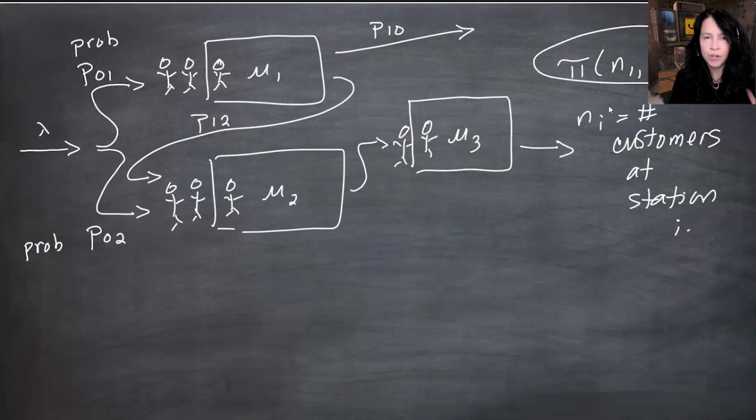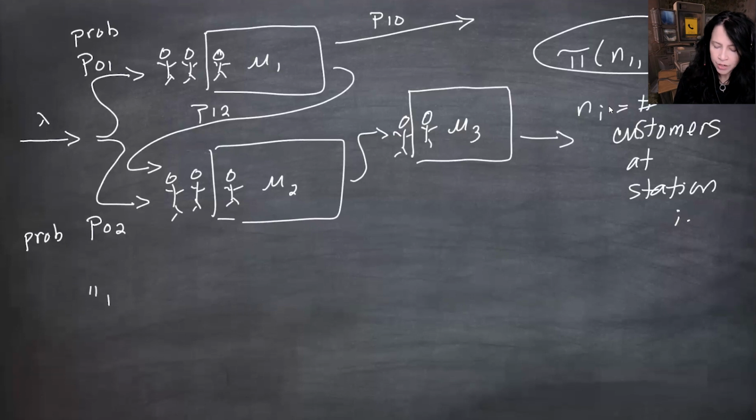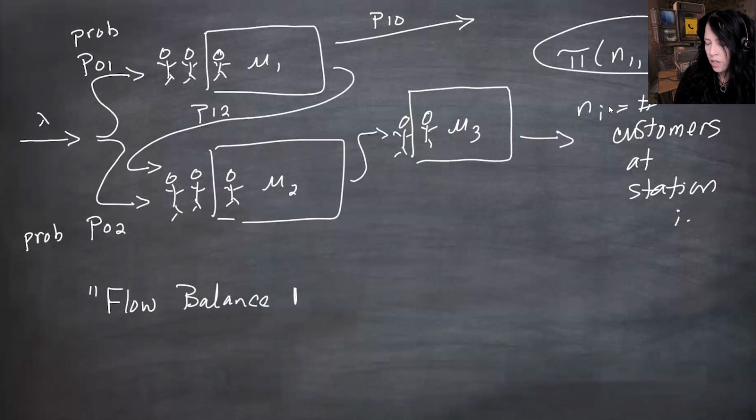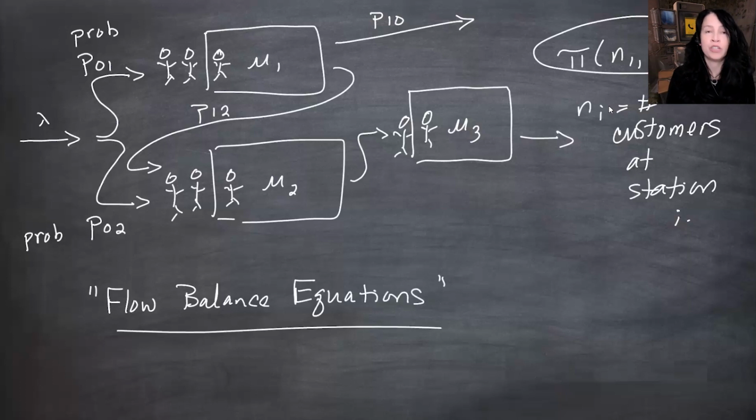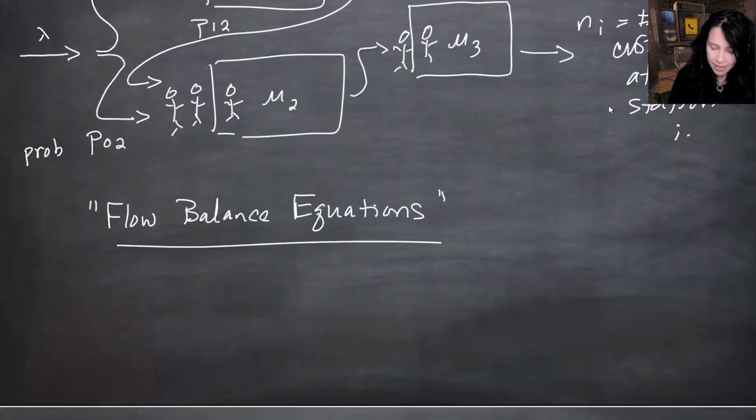Okay, so before Jackson's theorem, we need to solve what are known as flow balance equations. Just like we saw with the M/M/1, if the arrival from outside is a Poisson process with rate lambda, we saw that the departure process was a Poisson process with rate lambda. And if a queue is in equilibrium, you get flow in equals flow out for every station. This is the typical notation: lambda_i.